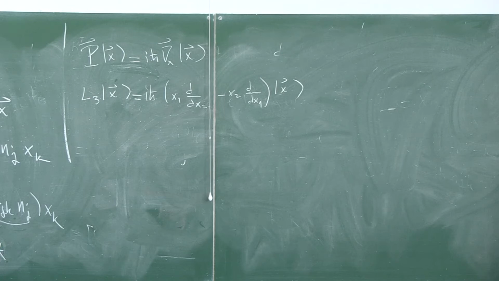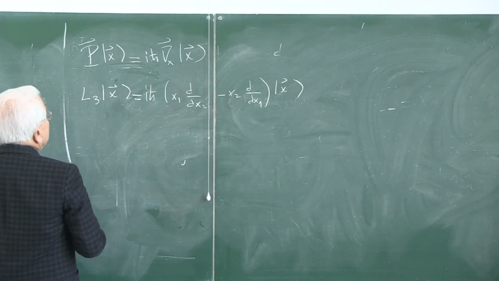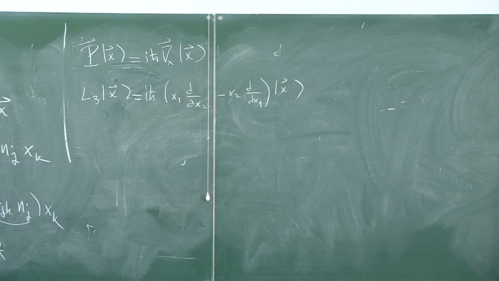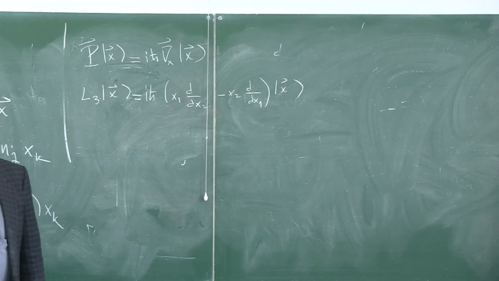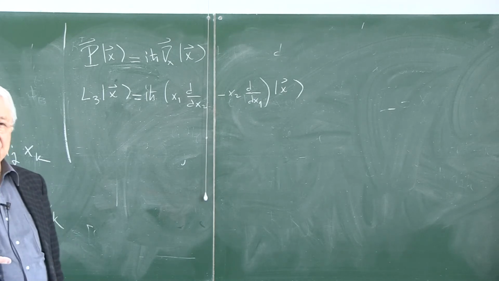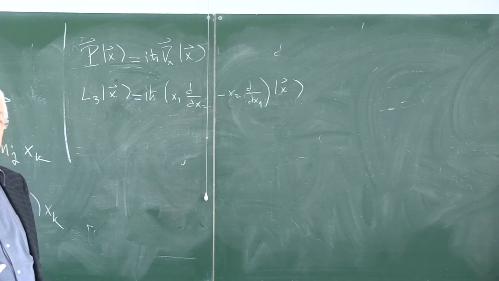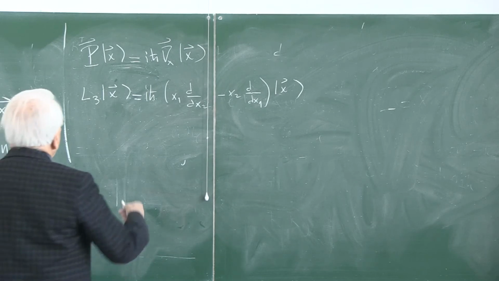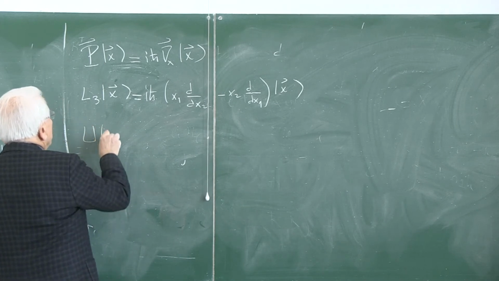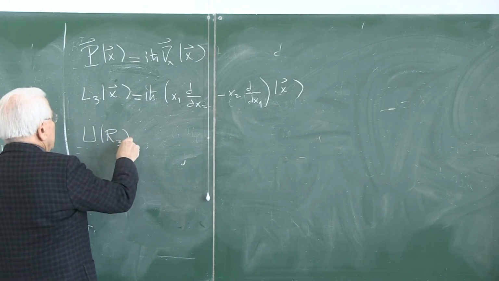Now to see what we really have, let me think of the operator in the following form. The supposed infinitesimal operator, the operator which carries out the rotation about the third axis. So I denote that as U R3.